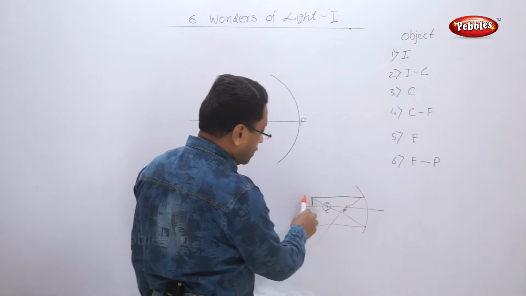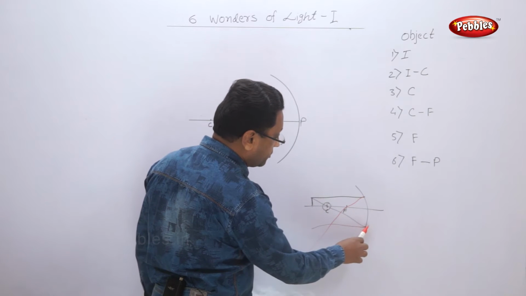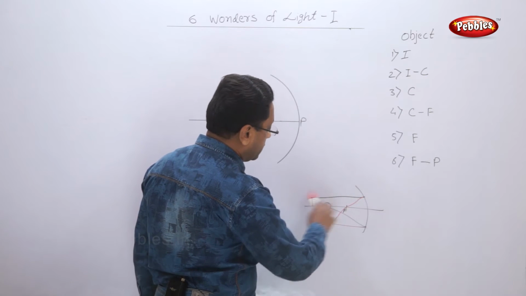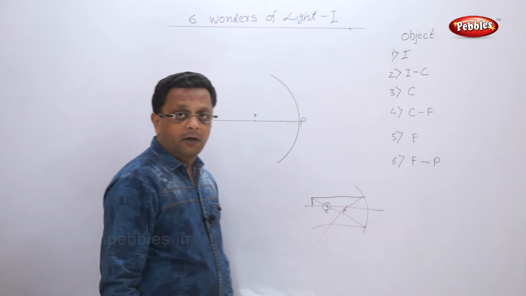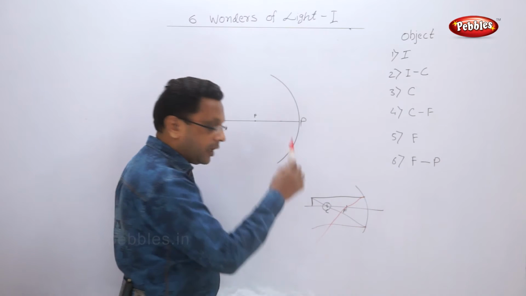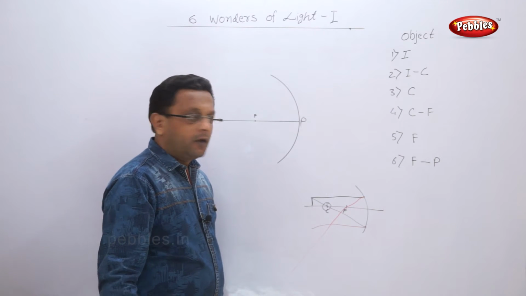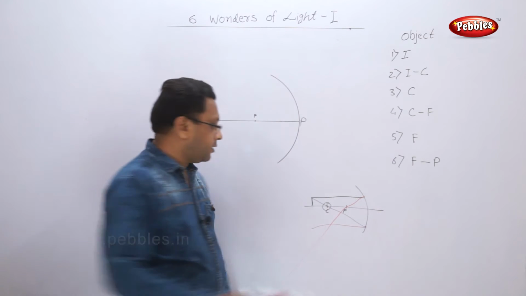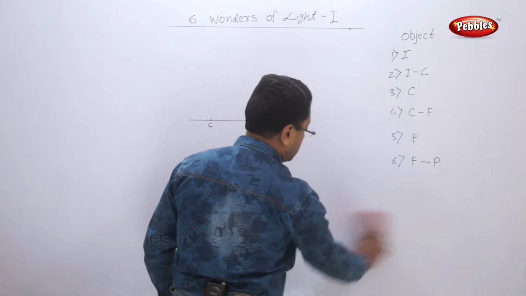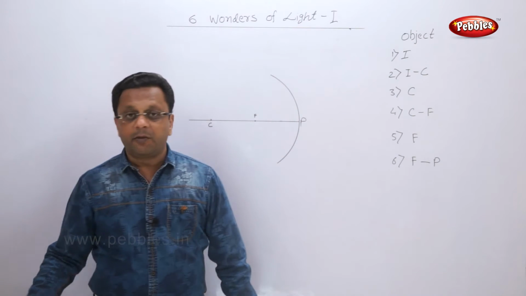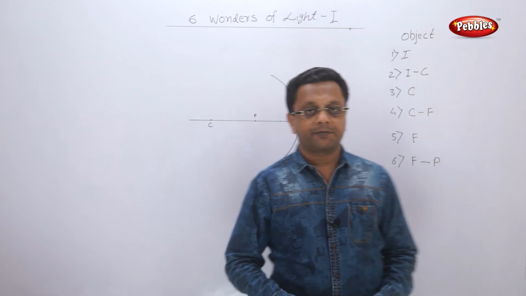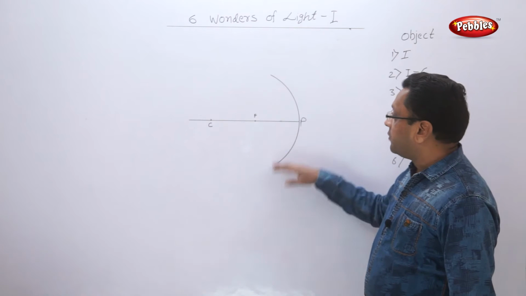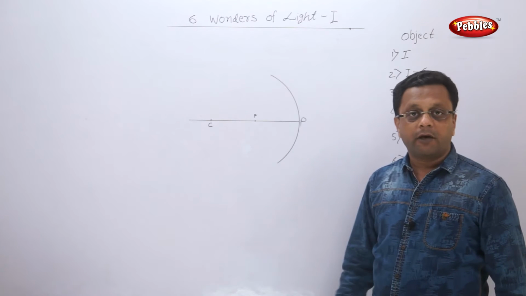As a reflection, the ray which is passing through some point will go parallel, and the ray which is the reflection of the parallel ray will now pass through F. If you remember this and carefully draw the figure, your image will be exactly where it should be. Remember again, draw the principal axis first, then with the help of a protractor draw the concave mirror.